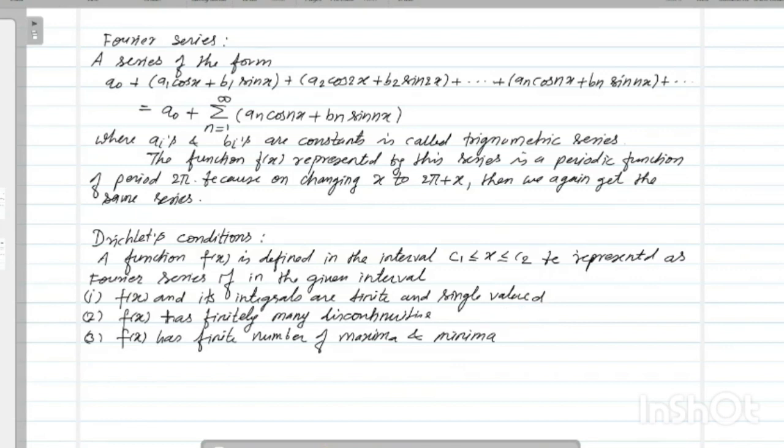Second, the function has finitely many discontinuities, meaning the discontinuities must be countable. You can count the discontinuity points of the function. And third, the function has a finite number of maxima and minima.